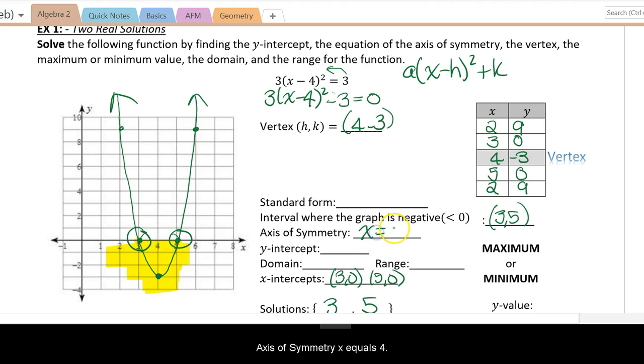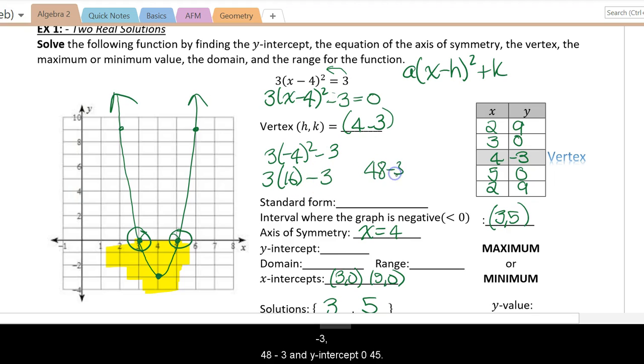Axis of symmetry, x equals 4. Y-intercept, well, we put 0 in. That's going to be 3 times 16 minus 3, 48 minus 3, so the y-intercept is 0, 45.